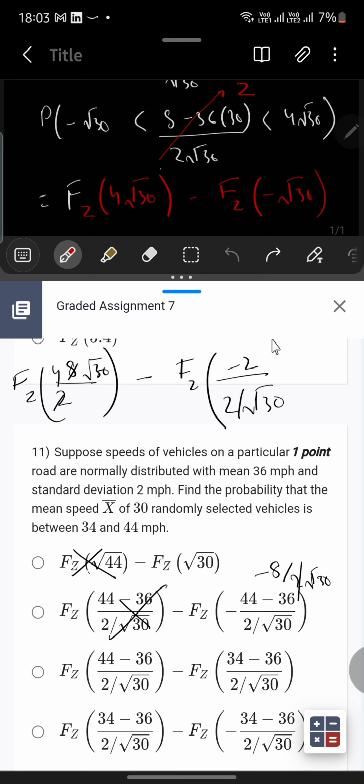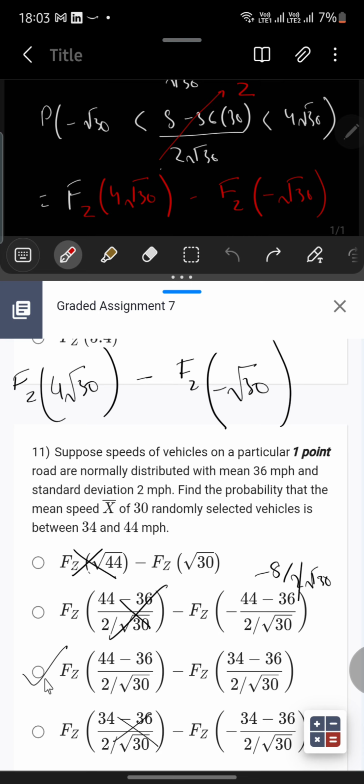This would go upwards in the numerator. So we will get minus root 30. So this is the correct option, right? Here we will get 4 root 30. So this is correct. And in the other option, we will not get minus root 30. Instead, we will get root 30. So this is wrong. So C is the only correct answer.